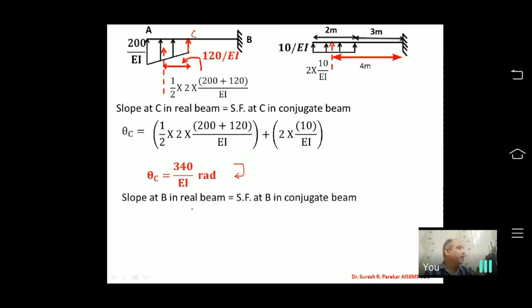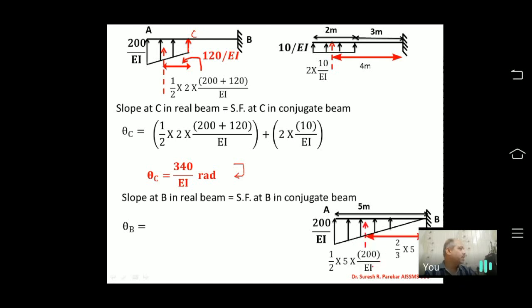Now slope at B in the real beam is shear force at B in the conjugate beam. So now for B, what are we going to do? First, between A to B, we have to consider this total. What will be this? Now we have a triangle, so we have 1/2 base into height. So we have this value for theta B. Second, we have to use again this part, because it is the same, there is no change, because there is no bending moment between C to B due to the M by EI diagram.